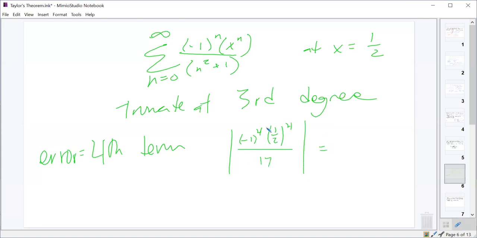The absolute value becomes insignificant. We have 17 times 16. What is that? 272? So we are off by 1/272nd if we approximate the value of that series at x equals 1/2 using a third degree Taylor polynomial.